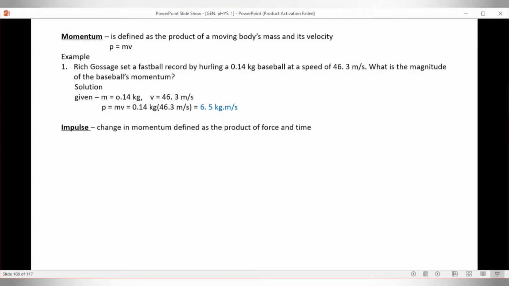However, impulse is the change in momentum defined as the product of force and time. From the second law of motion, force is equals to mass times acceleration, and acceleration here is equal to the final velocity minus its initial velocity over time.